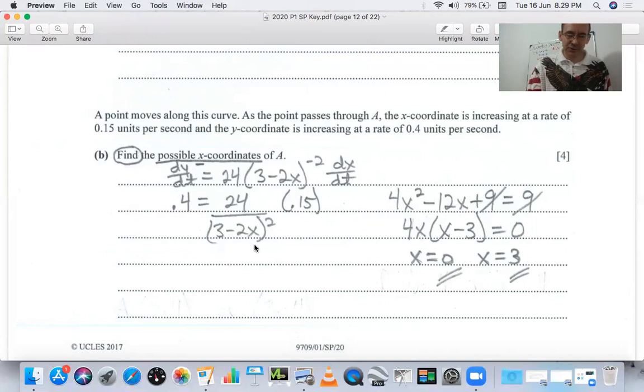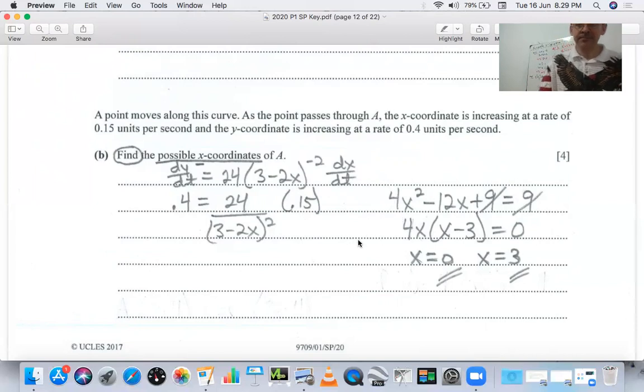And then the negative 2x times negative 2x is a positive 4x squared. So this 3 minus 2x squared is expanded here on the left. I actually divided the 0.4 over to the other side, but I didn't show it. I just showed the net result. So 24 times 0.15 divided by the 0.4 is the 9 that you see over here on the right. So I did kind of skip a couple of steps.